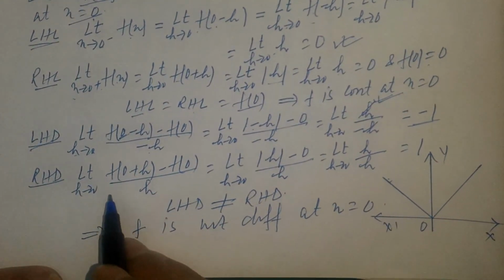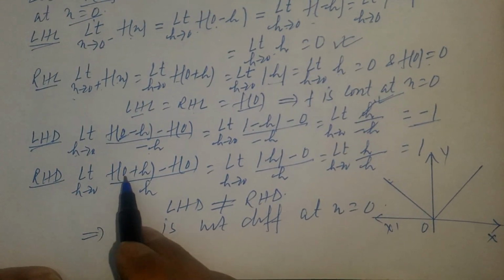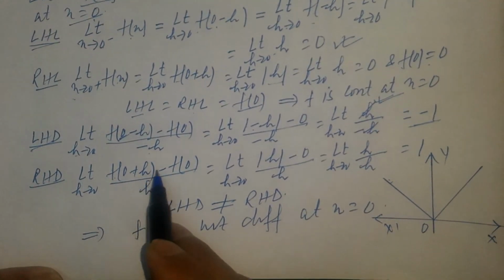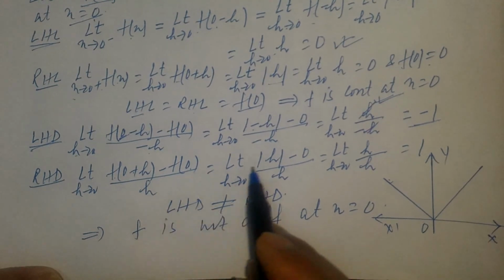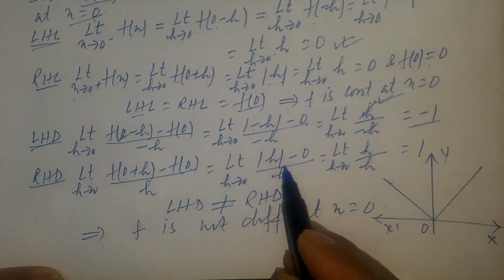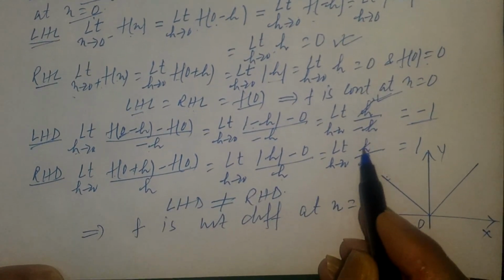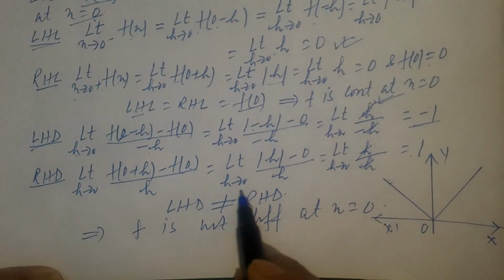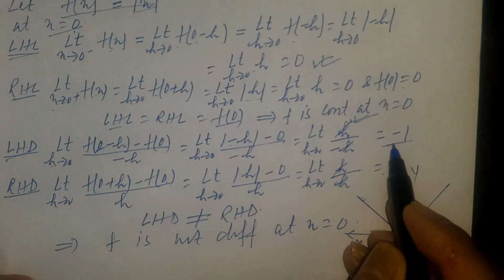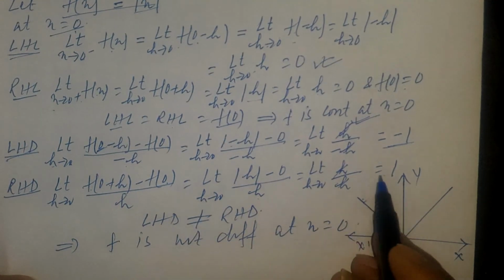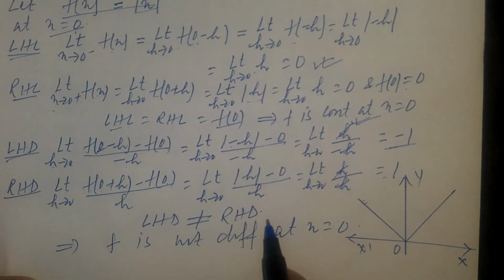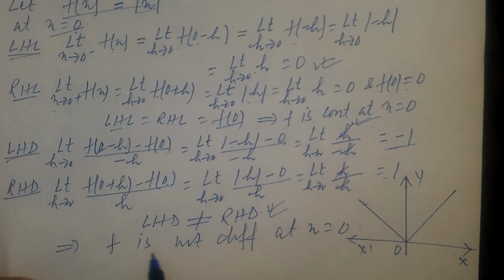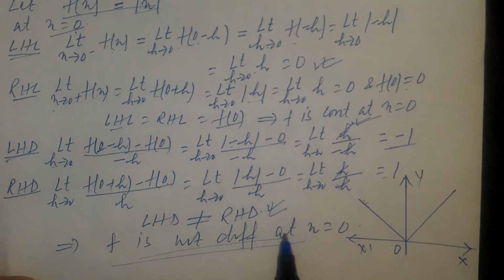Now check the right hand derivative: (f of 0 plus h minus f of 0) by h. Again mod h by h, so h by h cancels and you get 1. So we observe that the left hand derivative is minus 1 and the right hand derivative is 1. They are not equal, so the function is not differentiable at x equal to 0.